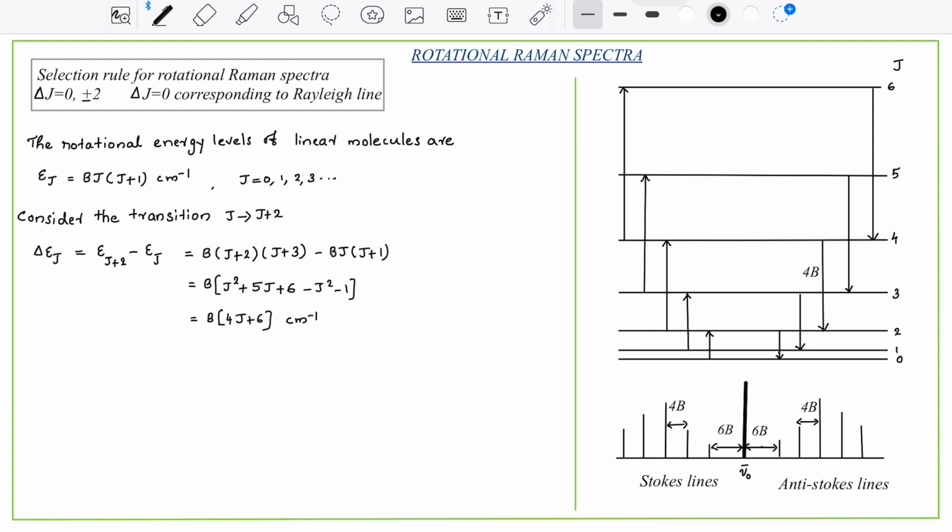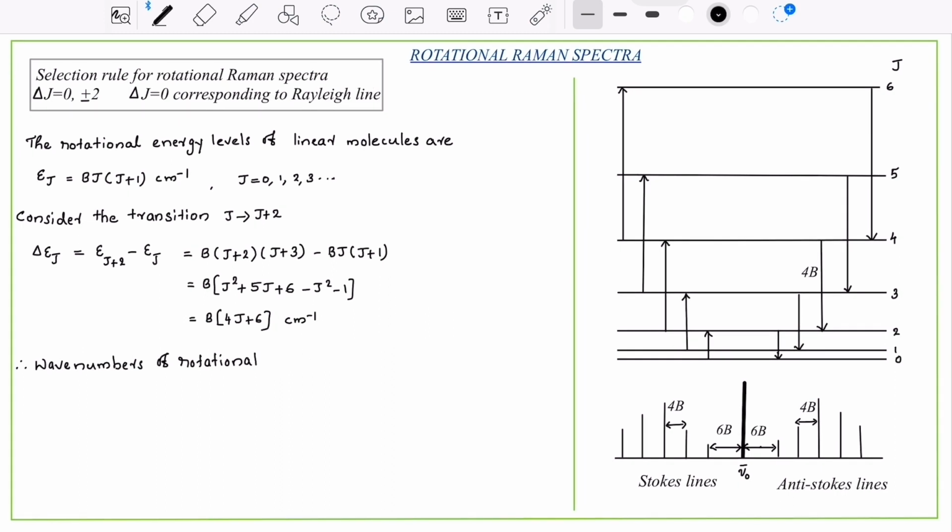Now let us write the wave numbers of rotational Raman lines. Let the wave number corresponding to the original line be ν0 bar.